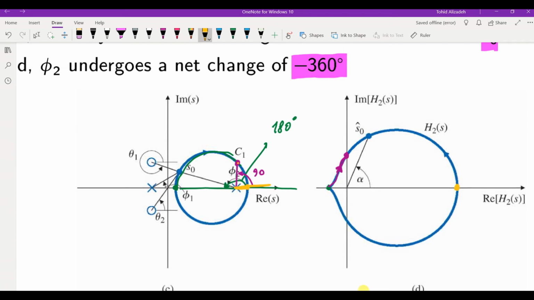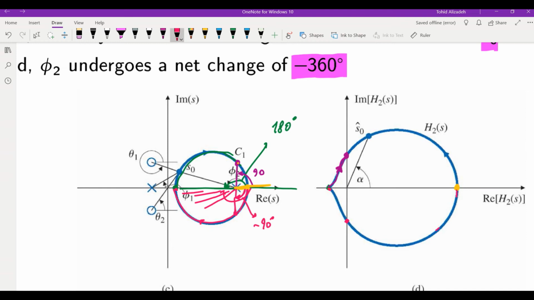As we continue to move on the contour in this way, at some point the angle will become minus 90 degrees, which corresponds to that point, and it will become smaller and smaller until it reaches this point where we have the angle of minus 180.